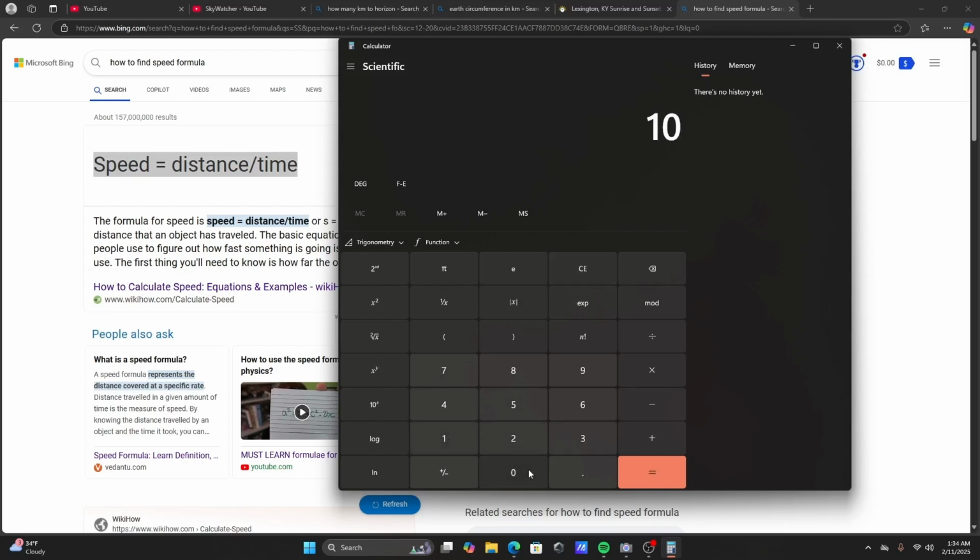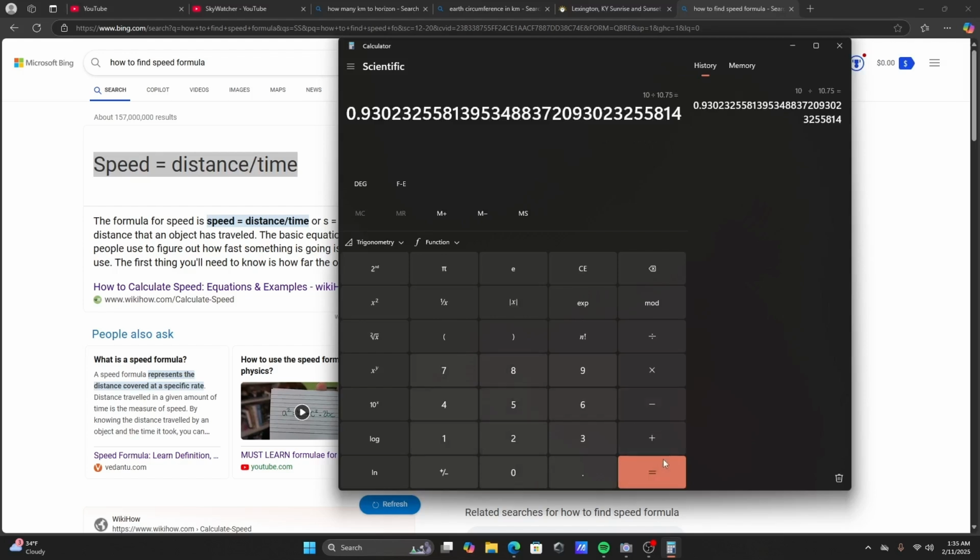It's 10 kilometers divided by 10 and 3/4 hours equals 0.93 kilometers an hour.